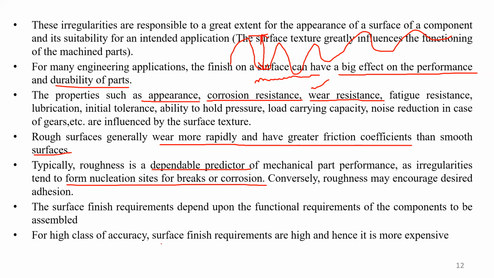The surface finish requirements depend on the functional requirements of the components to be assembled. Even if you want to produce a high class of accuracy of surface finish, the cost involved is also high. A more expensive process is required for producing a high class of accuracy.